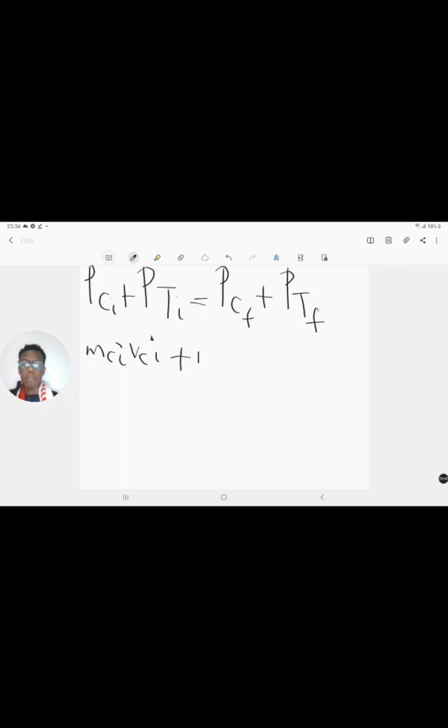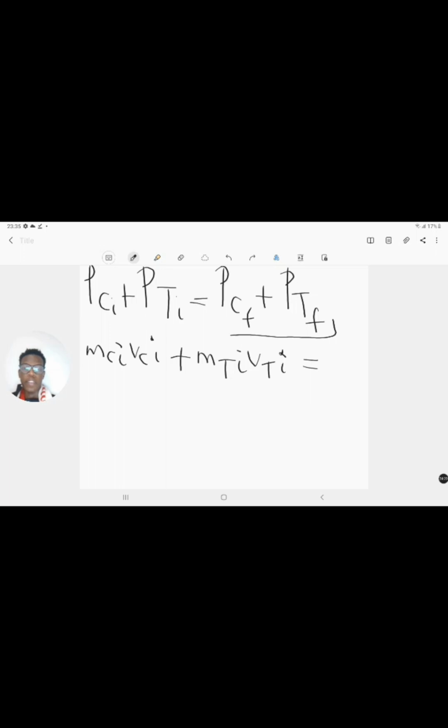Plus the momentum of the truck initially, the mass of the truck times the velocity of the truck initially. The momentum of the truck is M times V. This is all equal to PCF and PTF, the momentum of the car finally plus the momentum of the truck finally.